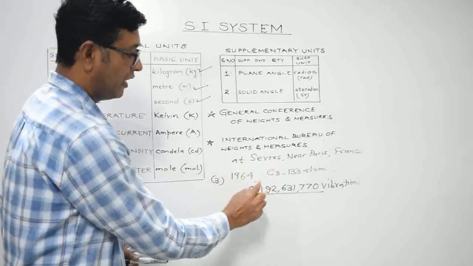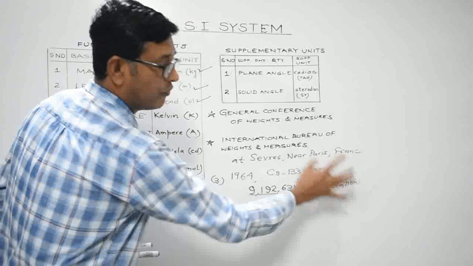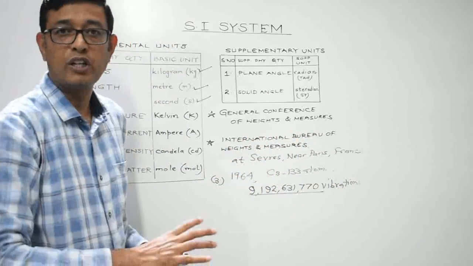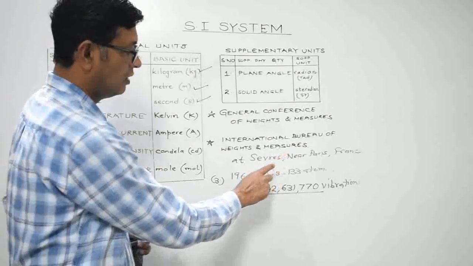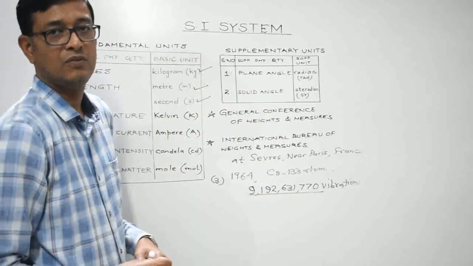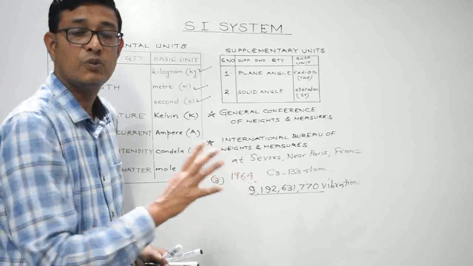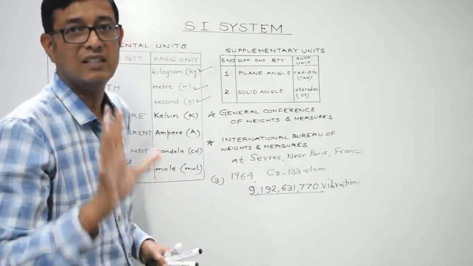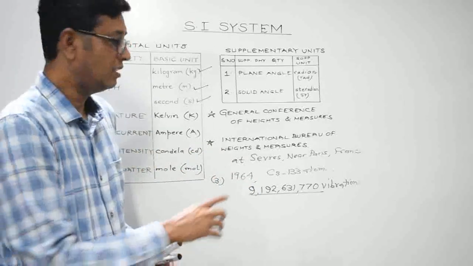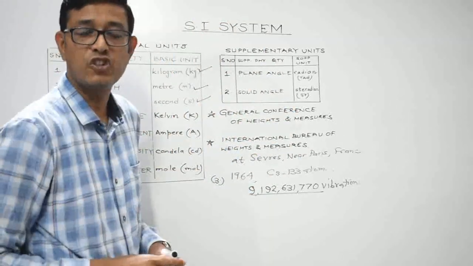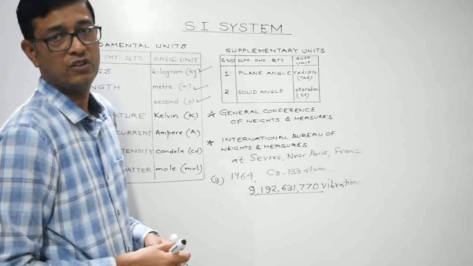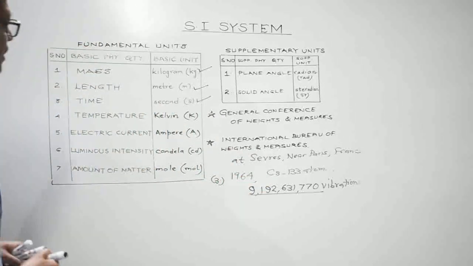So 1 second is defined as the duration of this much vibrations corresponding to the transition between the two hyperfine levels of cesium-133 atom. This definition is based on atomic standards, and it was defined way back in 1964, again by the General Conference of Weights and Measures. So that is how second is defined.